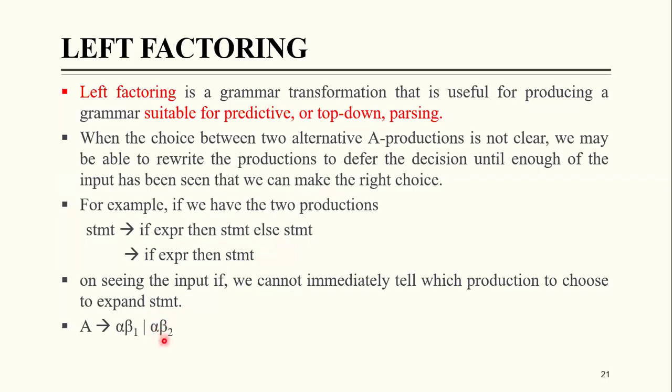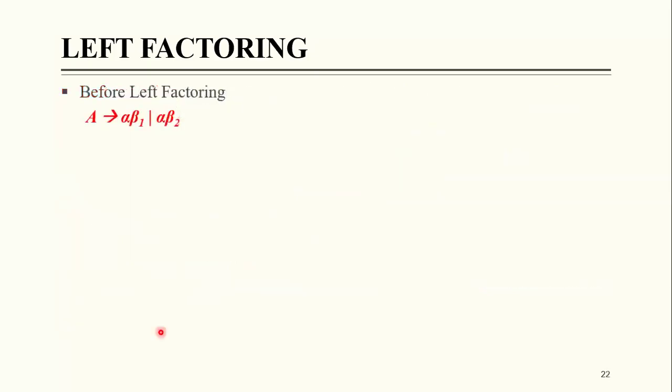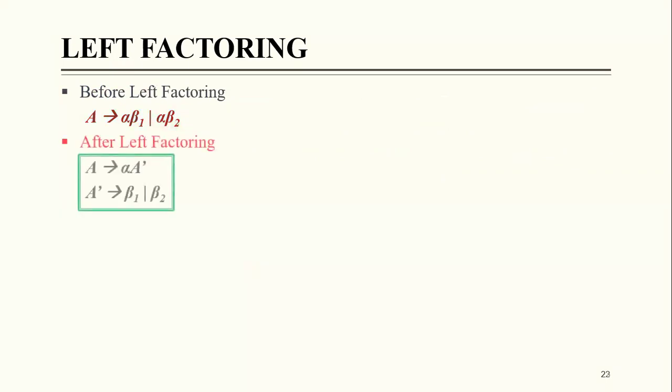So in the general form, A derives alpha beta 1 or alpha beta 2. In this case, the common factor is alpha for these two productions, and beta 1 and beta 2 are not the same. So after left factoring, the grammar will be rewritten as A derives alpha A dash, and A dash derives beta 1 or beta 2.